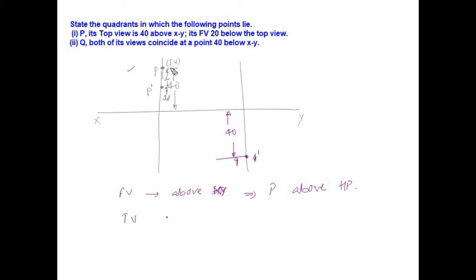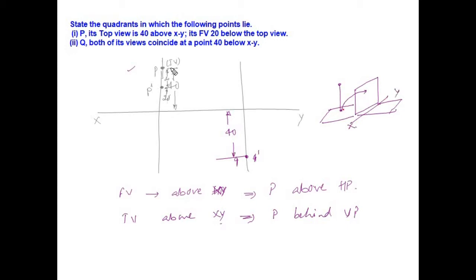So this implies point P is behind the vertical plane. If you recall, if the point is behind the vertical plane, after rotation, this is my xy line, my point goes above xy line. So this is behind the vertical plane. So above HP and behind VP is nothing but your second quadrant. So the point P lies in the second quadrant.